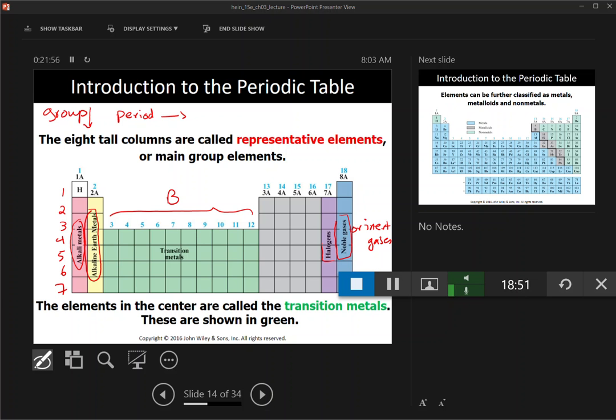And group 7A are called halogens. So you need to memorize the name of each group. The periodic tables that will be provided to you will not have this information on them. The only information on your periodic table is going to be the symbol for the elements and the numbering for the groups.